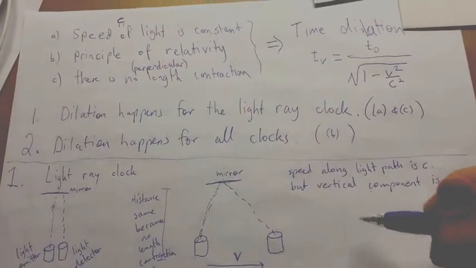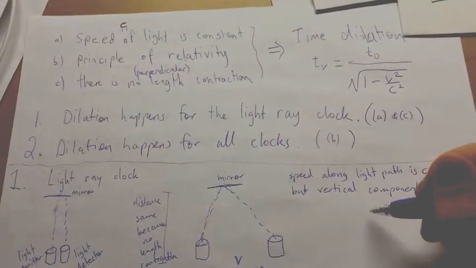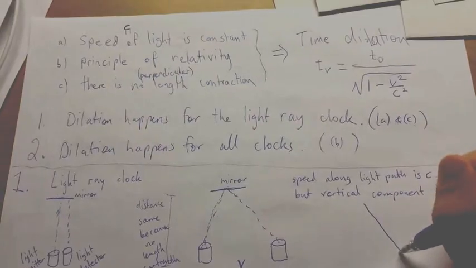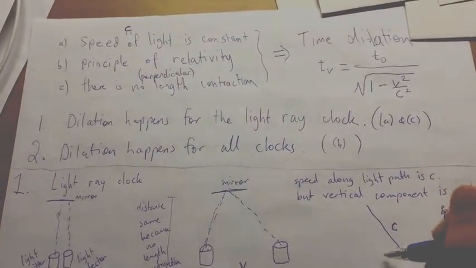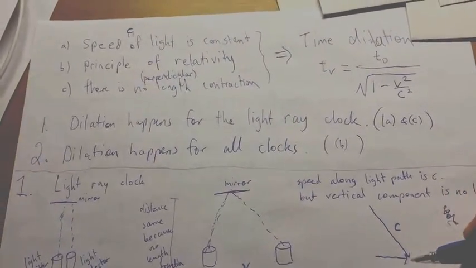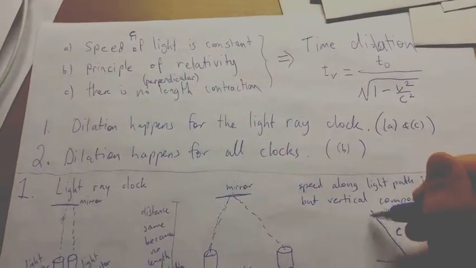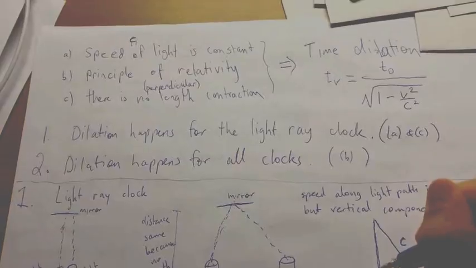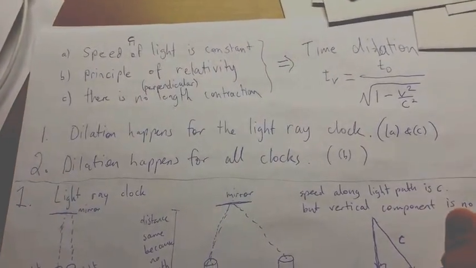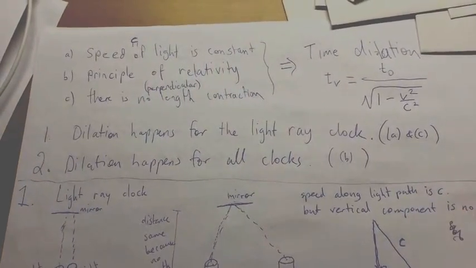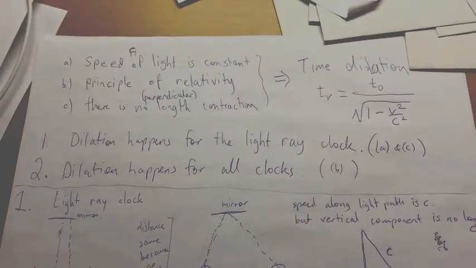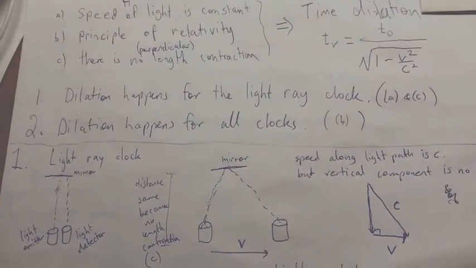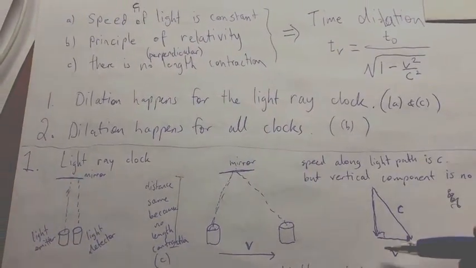So can you see how the speed of the light is still c, and it'll decompose into its vertical and horizontal components, where the horizontal component is essentially v.